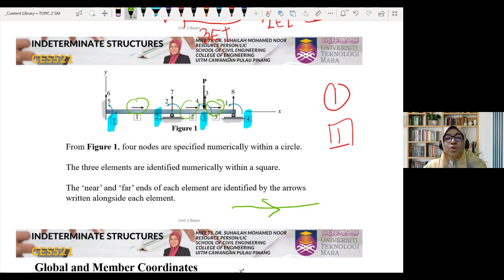The arrow always goes to the far end, so this one becomes the near end, and the arrow goes to the far end. So we have to understand which is the near end and which is the far end.